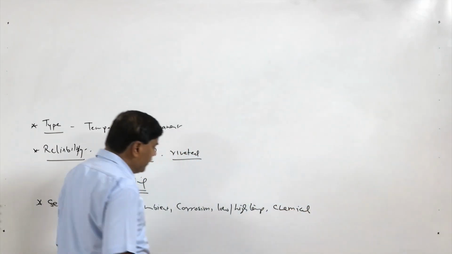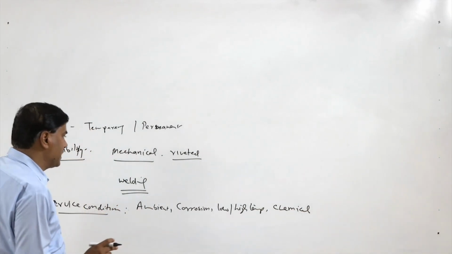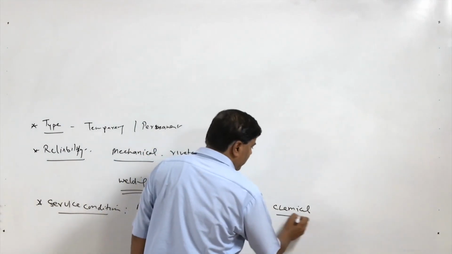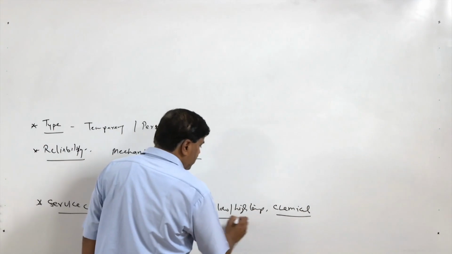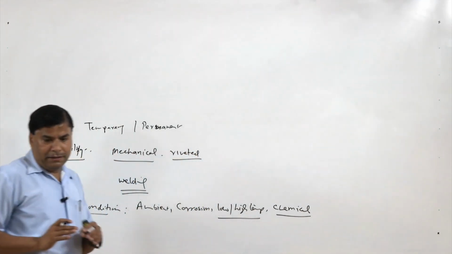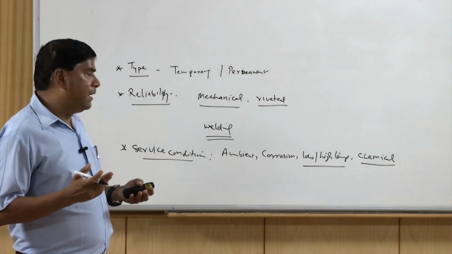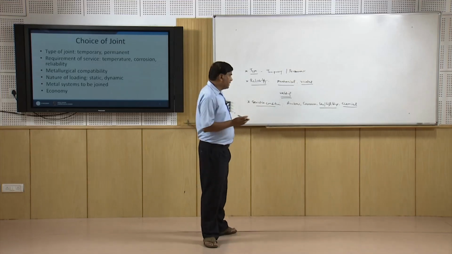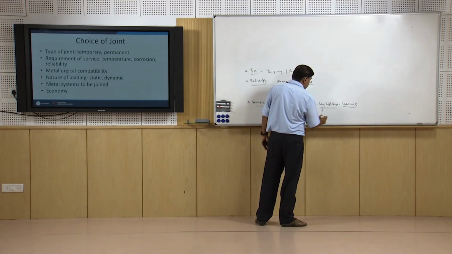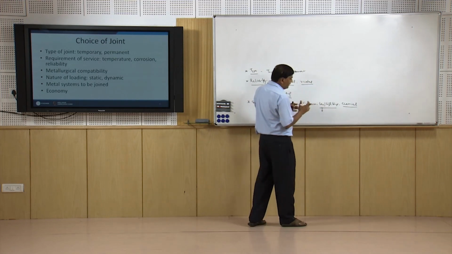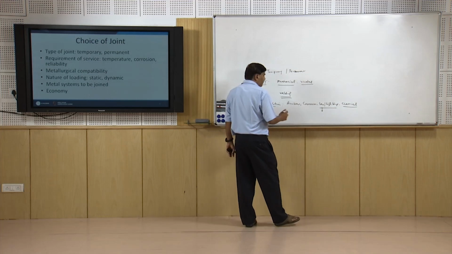Depending upon the service environment, the suitable joint is selected. In a chemical environment, we would like to avoid adhesive joints. In low and high temperature conditions, joints for high temperature applications must resist creep and elevated temperature deformation, and for low temperature conditions a suitable ductile to brittle transition temperature is required. So depending upon the service conditions, we have to select a suitable joining method.